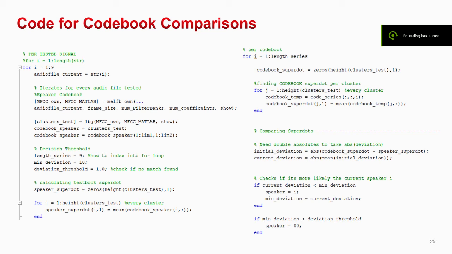Here's a little snippet of our codebook comparisons. We're iterating through all our files and calculating the deviation between the codebook and the speaker. Once we find the deviation, we ask, is this smaller than the previous one? If it is, we output that the new speaker is this iteration, which corresponds to the corrected speaker.